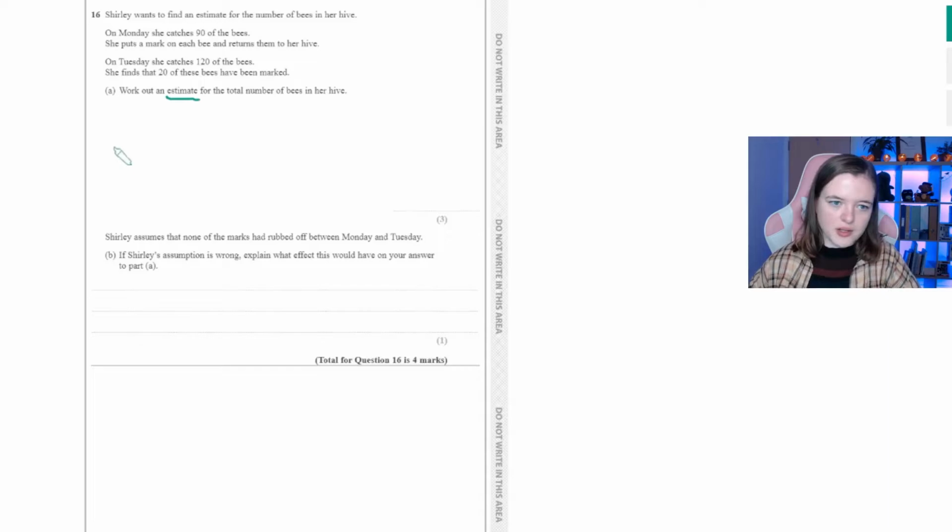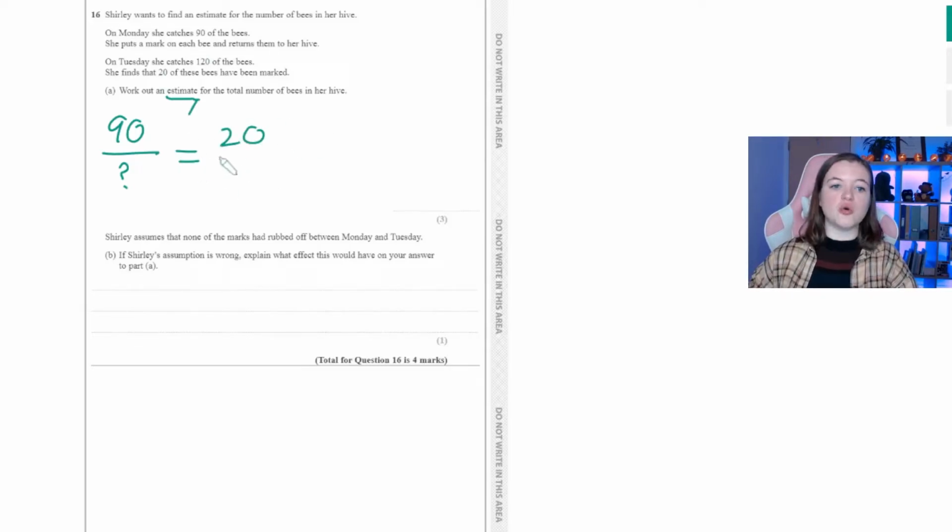Okay then, so she's currently marked, how many did she mark? 90 out of however many bees she has in her hive, right? And that is going to be equal to the number that she's then recaught that have been marked, 20, out of the total that she's caught on that day, 120.